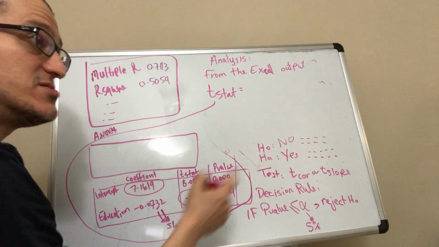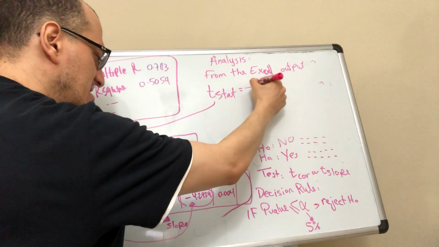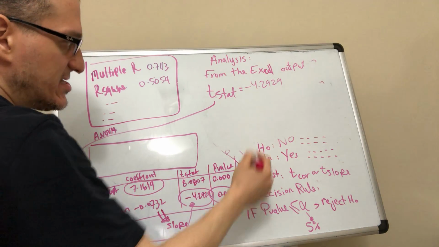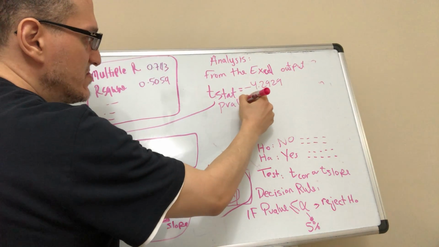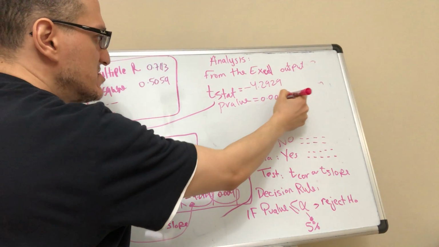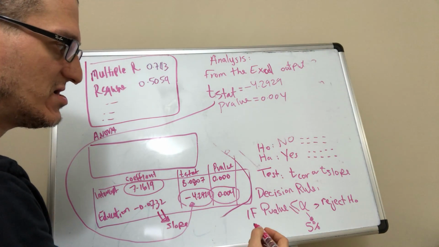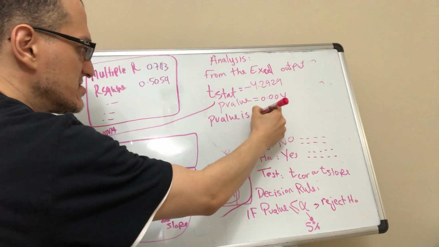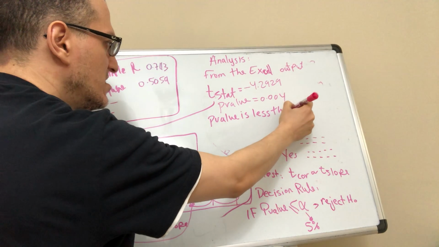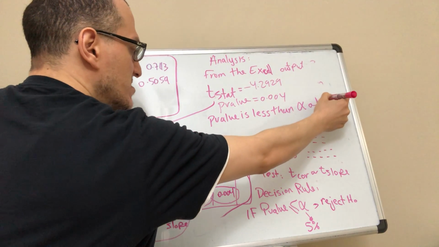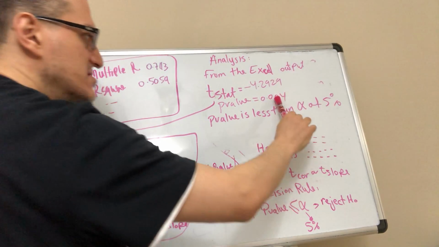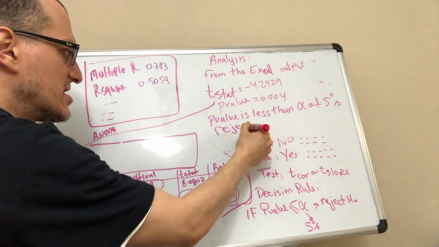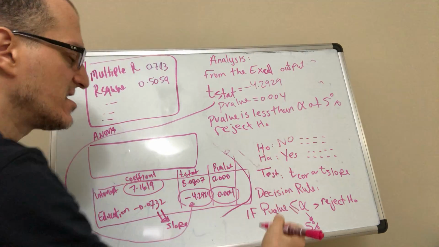This is the T-stat you need, which is minus 42929, and the p-value you'll see next to it is 0.0004. So you'll see that your p-value is less than alpha of 5%. This number is way less than 5%, so we're going to reject H0.